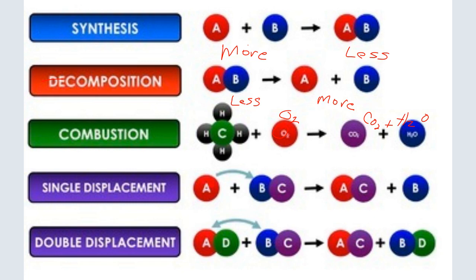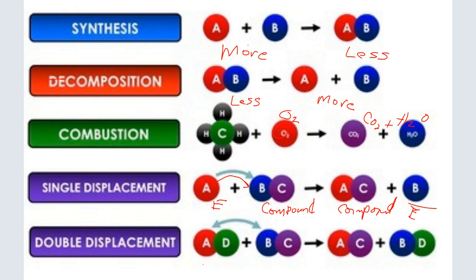Here is a single displacement where the A kicks out B and the B gets kicked out here. So an element and a compound give us a compound and a different element. And here we have compound switching.